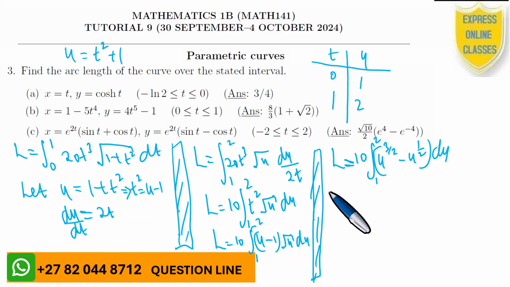Then you'd have the following. So L is 10. Then you do this, which is, if you add 1, it becomes 5 over 2. So this one becomes 2 out of 5.